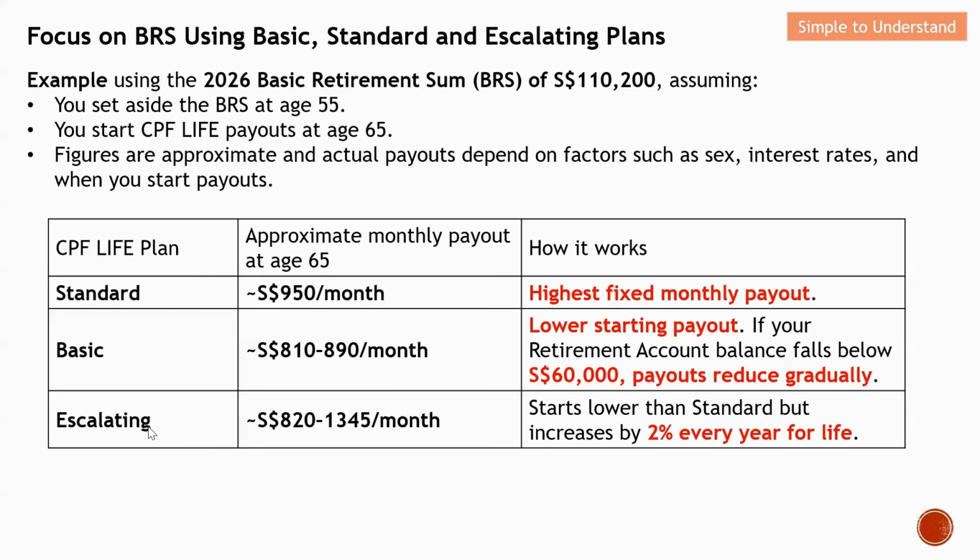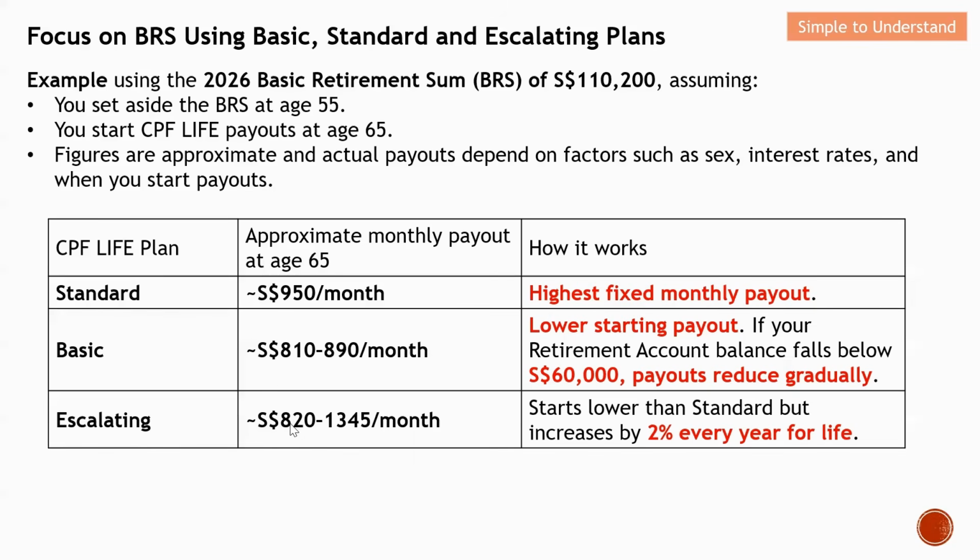Next will be for escalating. For escalating, for a start, you actually receive a lower money payout. This is actually the lowest. For basic, for a start, you can receive 890 per month, but for escalating, you can see that for a start, I'm able to receive just $820 per month.